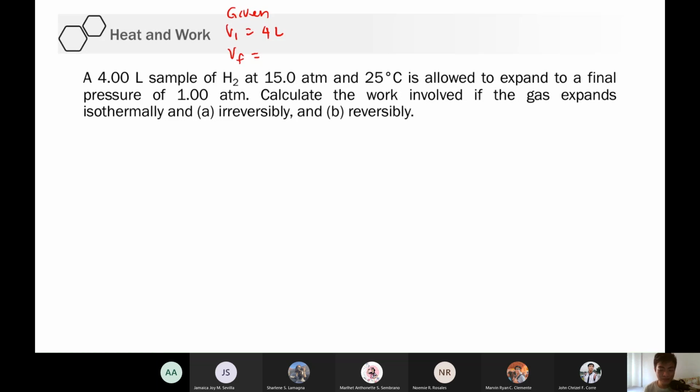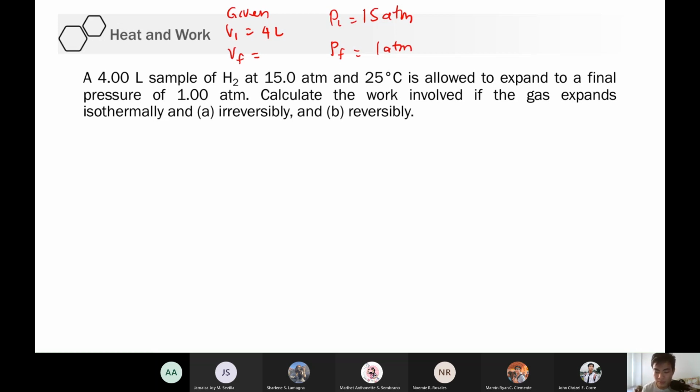So, ganito. Yung 15 atm, ito yung initial. So, sinabi nun, allowed to expand to a final pressure of 1 atm. Yan yung final. Okay? So, P initial is 15 atm. Final pressure is 1 atm. Mas ano pa yung mga kailangan?